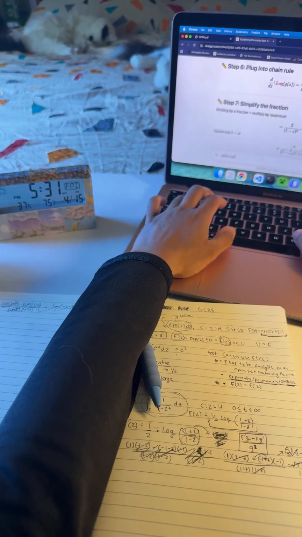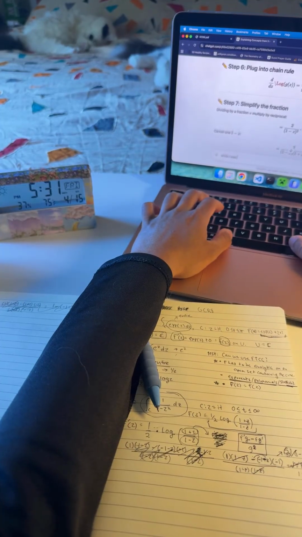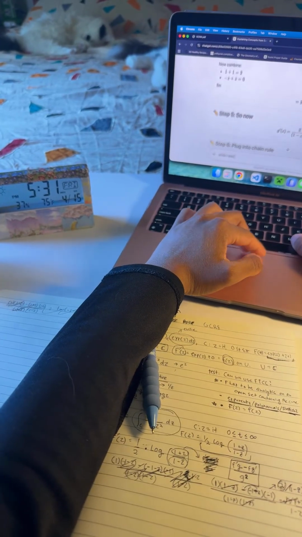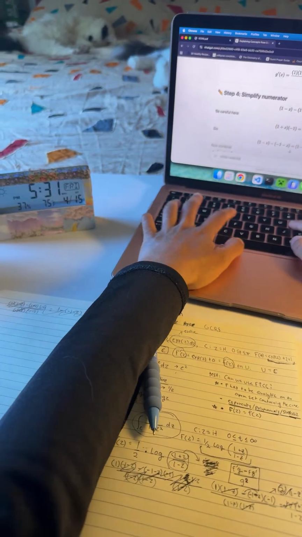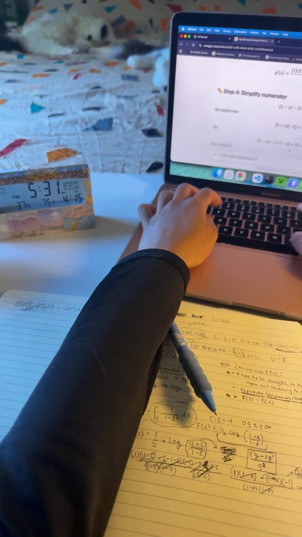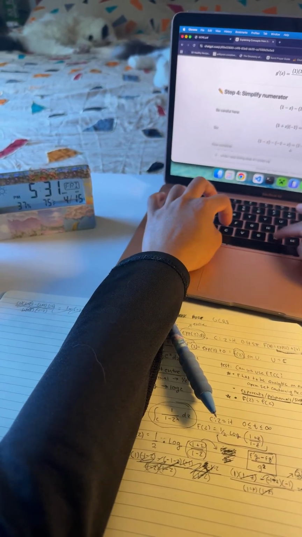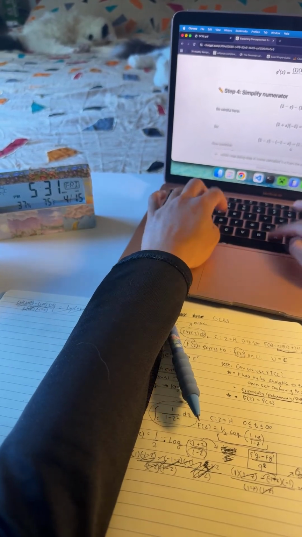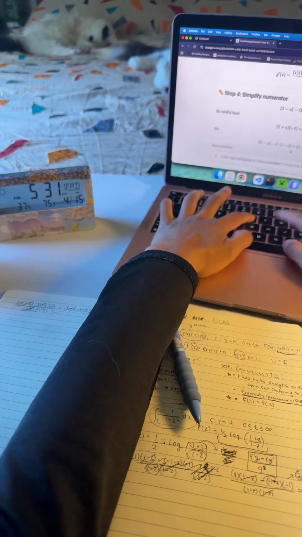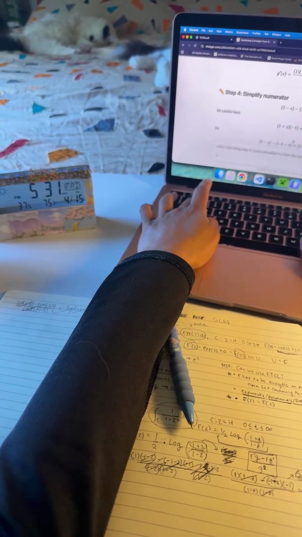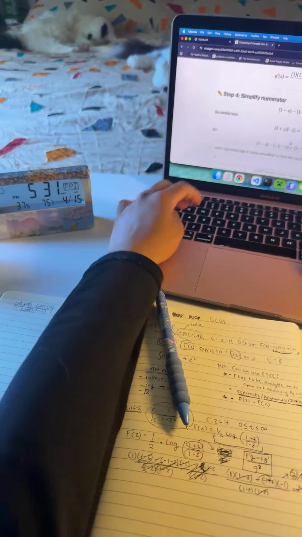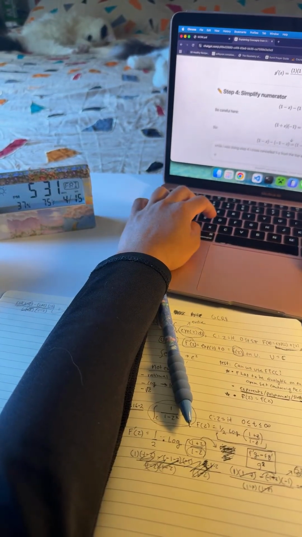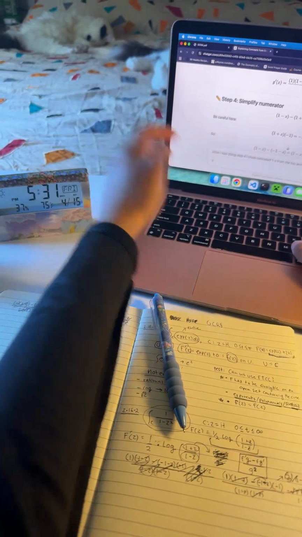While doing step 4, I cross cancelled 1 minus c from the top and bottom and got the result of 2 minus 2 plus z over 1 minus z.